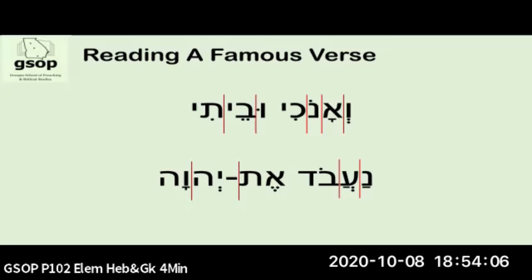Now there's no sound to the aleph, but there is a sound to the kamatz. And so far you got va-ah. And then you have the nun with the holem on top of it. So that's a consonant with a vowel, a syllable. So it's no. And then you have the kaf with a hirik yod. That's the vowel, hirik yod. So it's va-ah-no-ki.